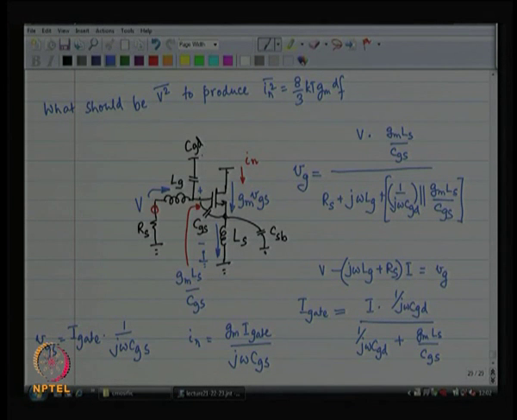All right. So, this is the story. Now, you know what should be V squared. Now, that V squared plus the source noise, the total noise divided by the source noise, is the noise figure.